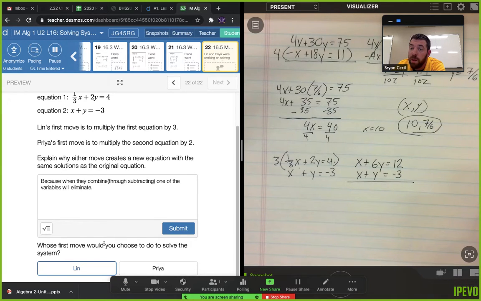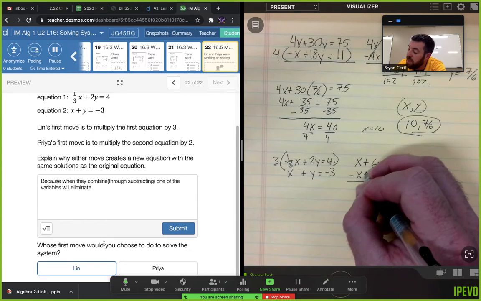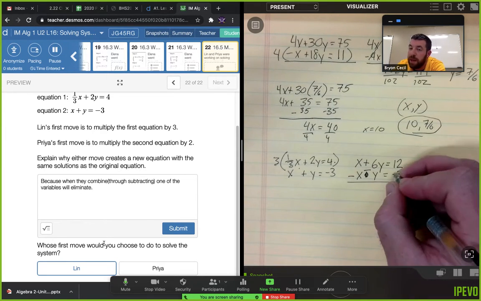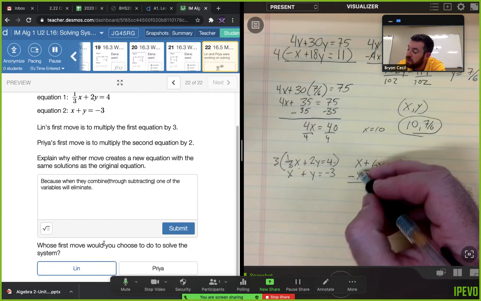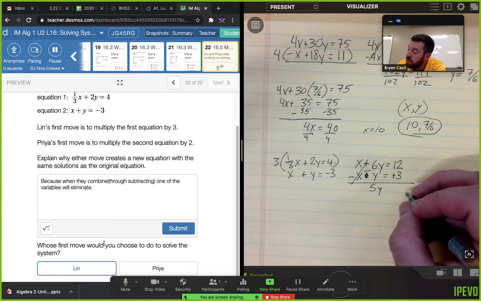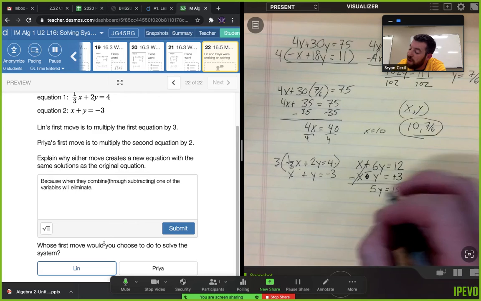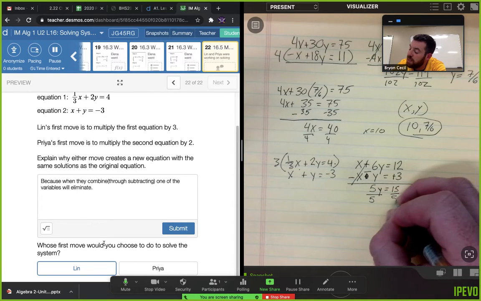Now, we want to change the sign so that they cancel, because right now they wouldn't. That becomes a negative, that becomes a negative, positive. Now my x's cancel. 6 minus 1 is 5y. 12 plus 3 is 15. Hey, we divide by 5 to isolate that variable, and yes, we did it right.